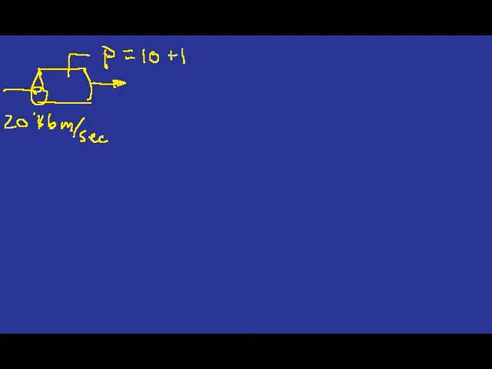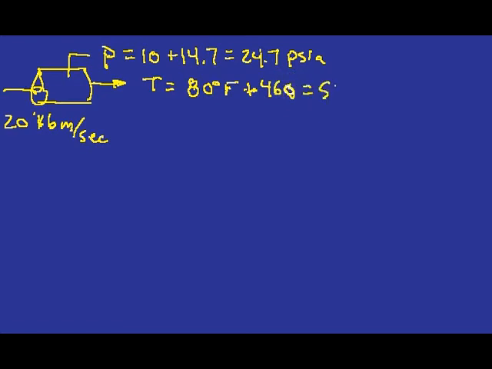We have to add the atmospheric pressure into it, so we'll assume that's about 14.7 psi, and we have 24.7 is our pressure, psia. Our temperature of the air is 80 degrees Fahrenheit. We have to get that into absolute units, so add 460, and that'll come out to 540 degrees Rankine.